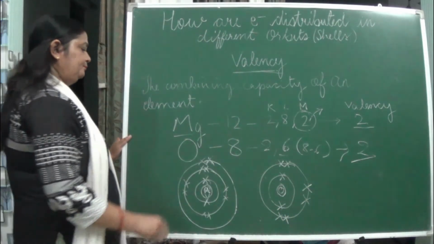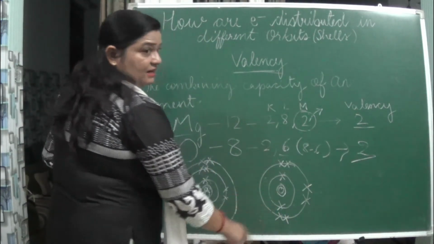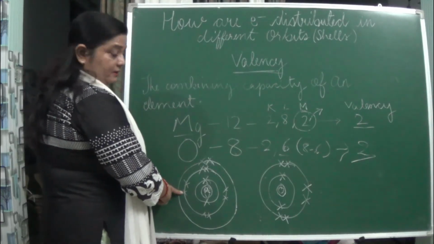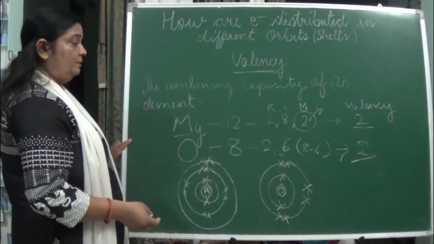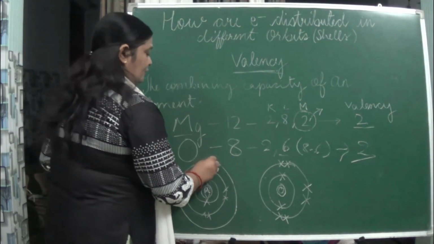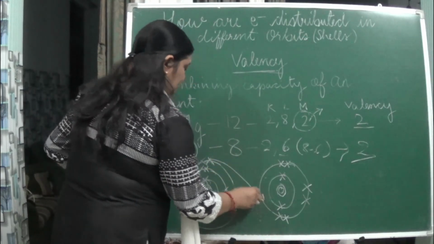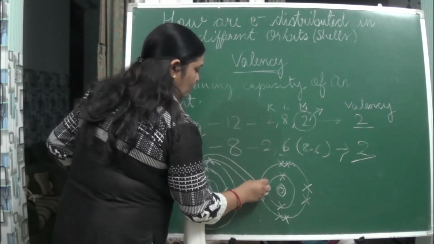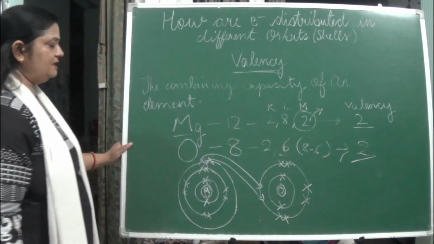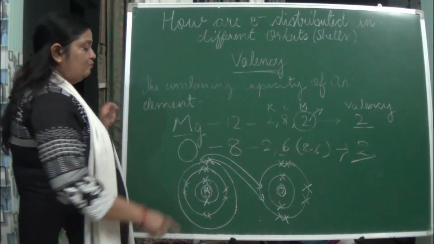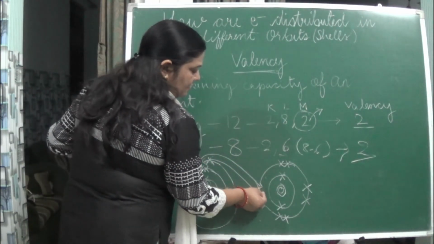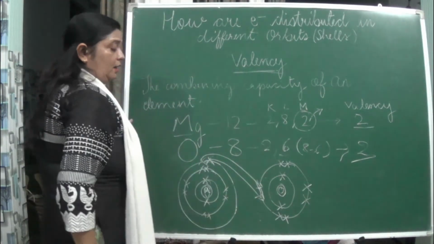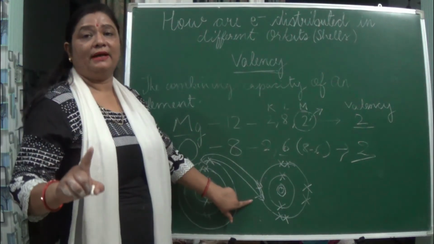Now what will happen? Oxygen needs 8 electrons and magnesium also needs 8 electrons. Now how many electrons will be participating? You will see these 2 electrons, and here transfer of electrons is taking place, isn't it? Both the electrons have been transferred over here. So you can see, I said it is the combining capacity.